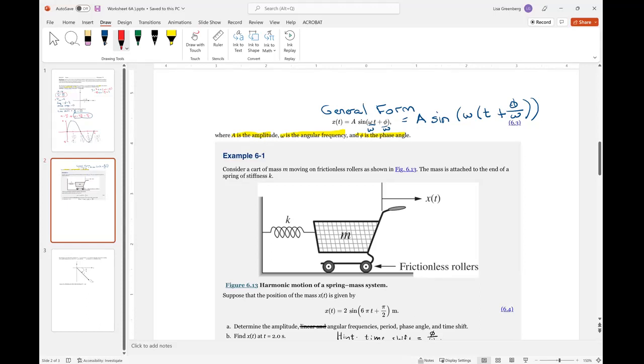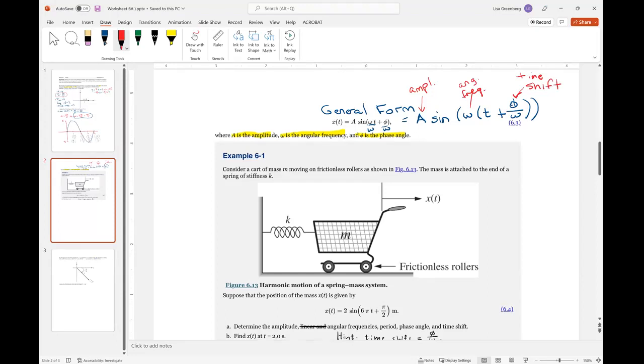As I've said before, this is our amplitude. This is our angular frequency, as it says. And now, instead of it being called our phase angle, this is called our time shift, which is basically our horizontal shift.